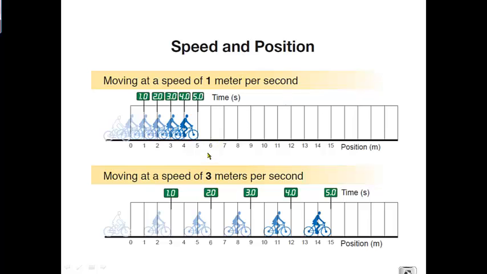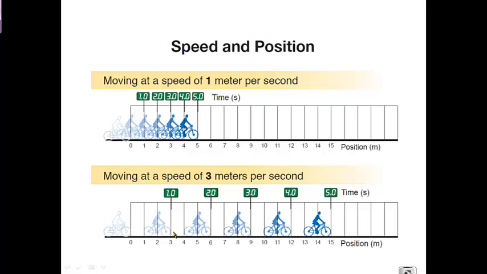After 5 seconds, his position is 5, because that's where he's at compared to the origin, which is 0. But his speed is still 1 meter per second, because if you take the distance he's traveled, 5 meters, and you divide it by the time, 5 seconds, 5 divided by 5 is 1. So he's still going 1 meter per second.